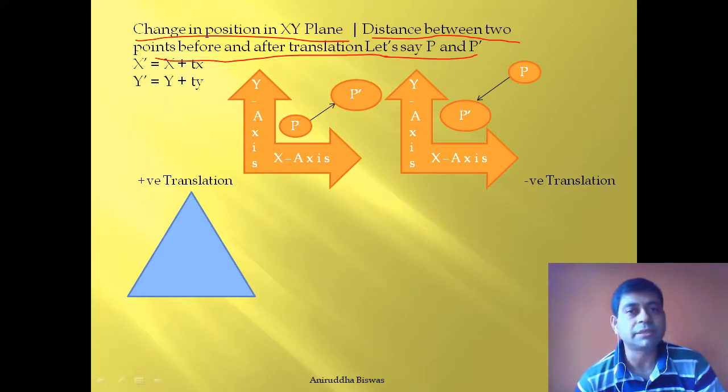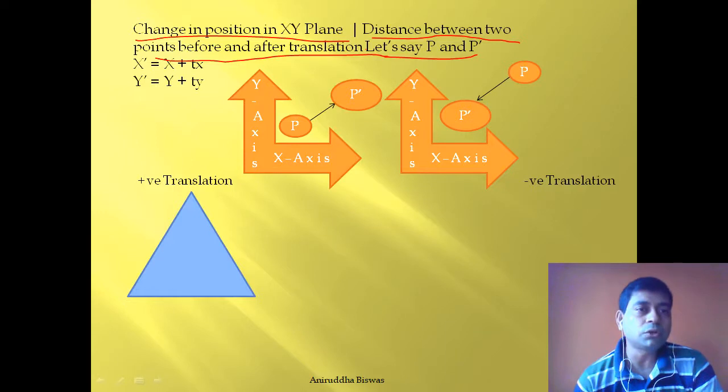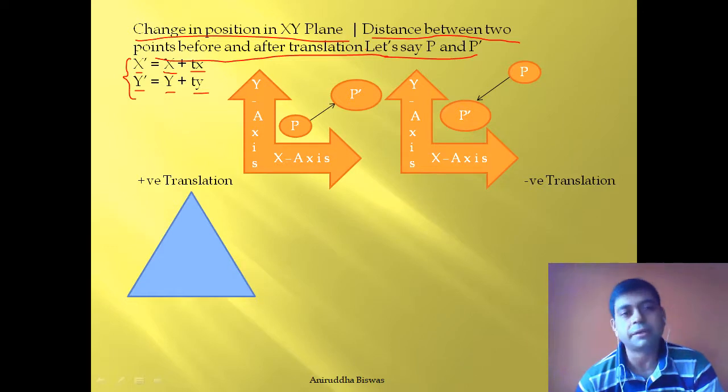In between these two points, we have to calculate the distance. After moving to P dashed, if the coordinate of the point is x dashed and y dashed, then we can easily calculate it. The initial coordinate was x, y. With that, if we add tx and ty, then we'll get the final coordinate, right?